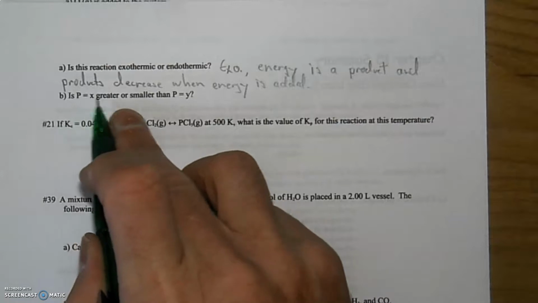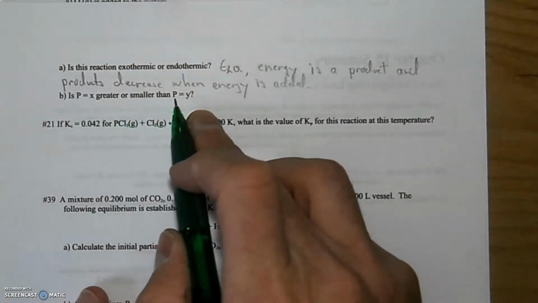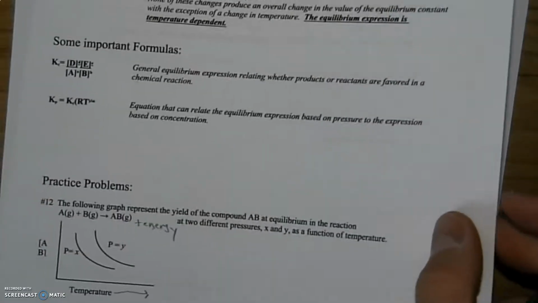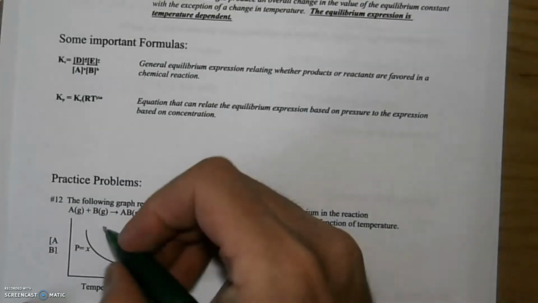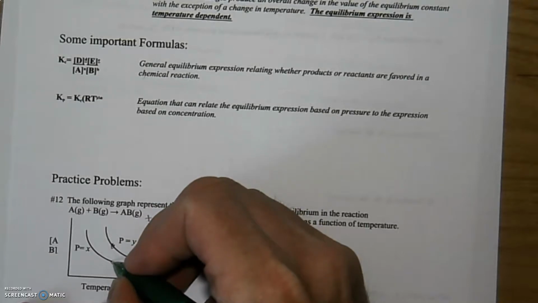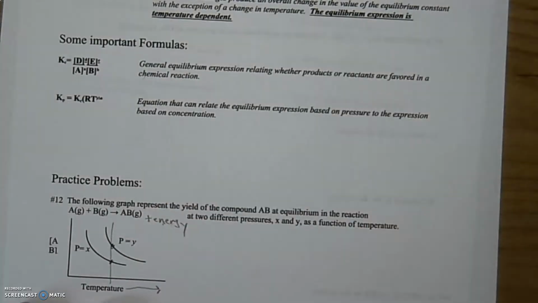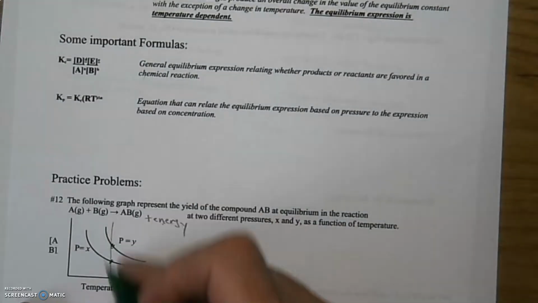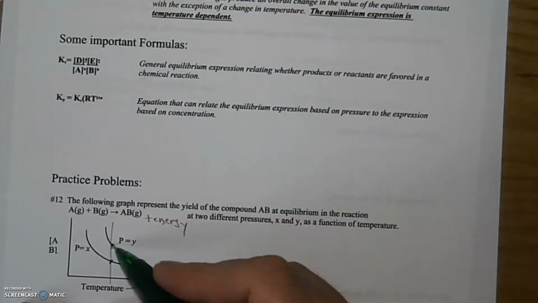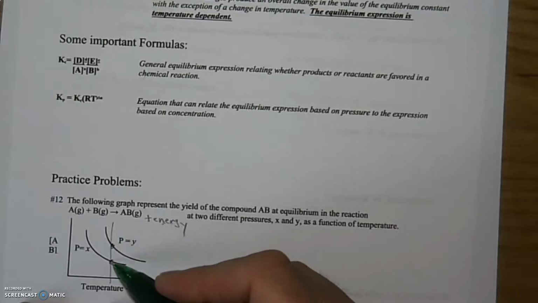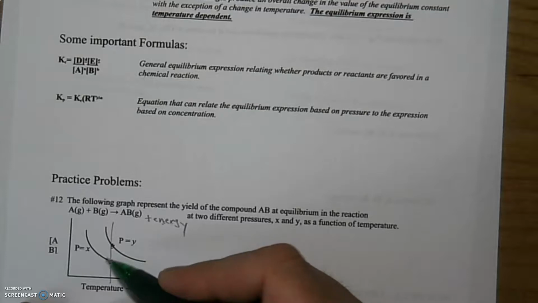Is the pressure of X greater or smaller than the pressure of Y? Well, if we take a look at this, we can pick any 2 points on here at the same temperature. At all temperatures, every single time, the pressure of Y appears to be higher than the pressure of X based on the concentration.